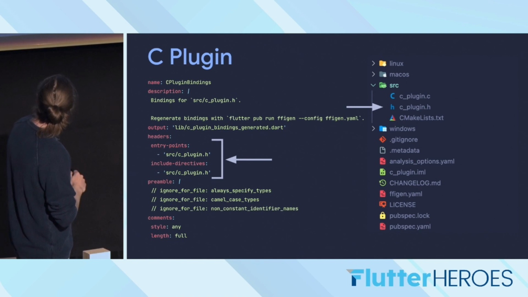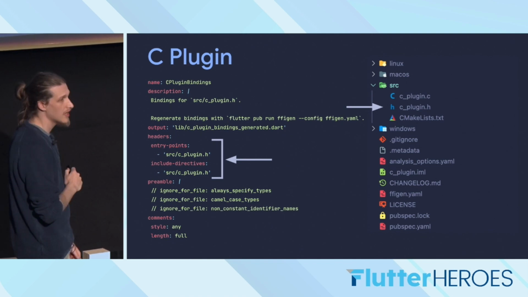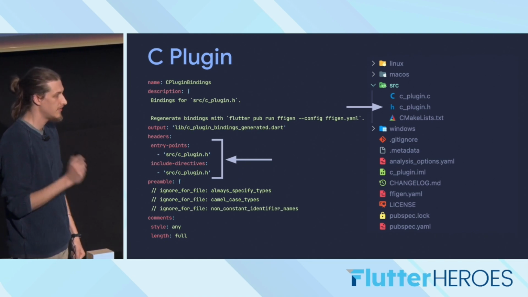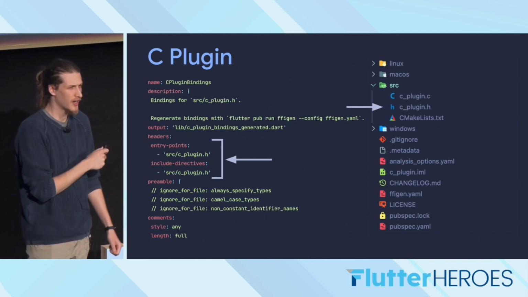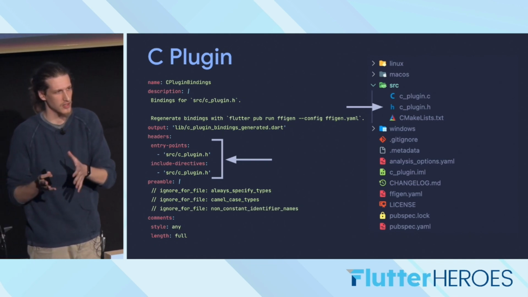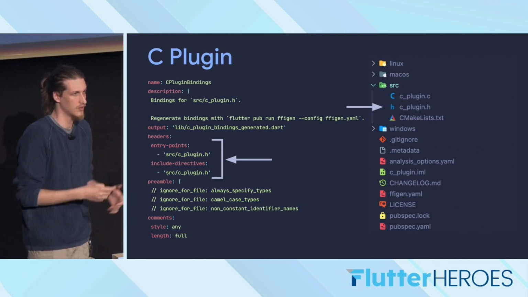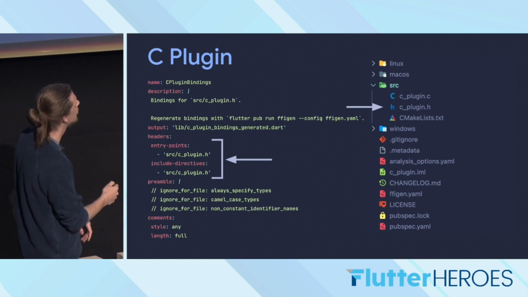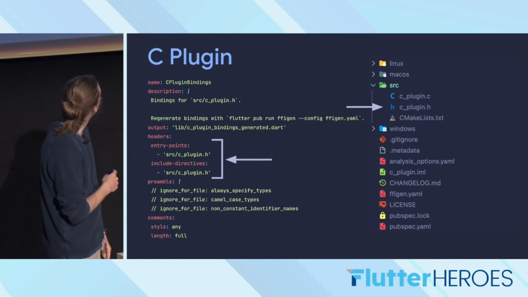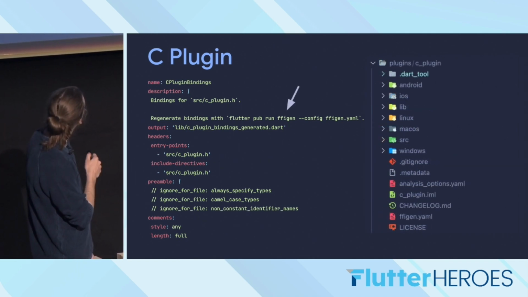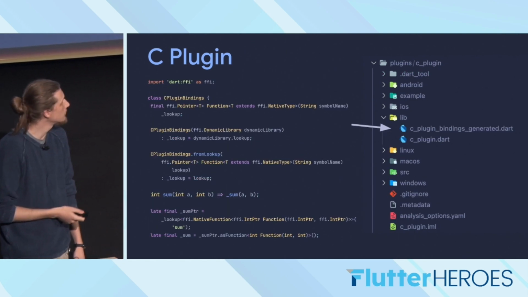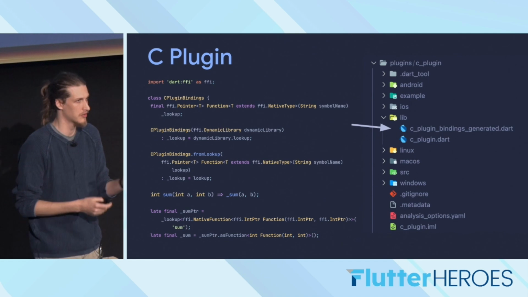There are those two lines, which are the entry points where the FFI gen plugin can find our header file to translate the C code into Dart, okay? So here's the path that brings to our header file. And then, when running that command, we can generate the Dart code that translates C into Dart.